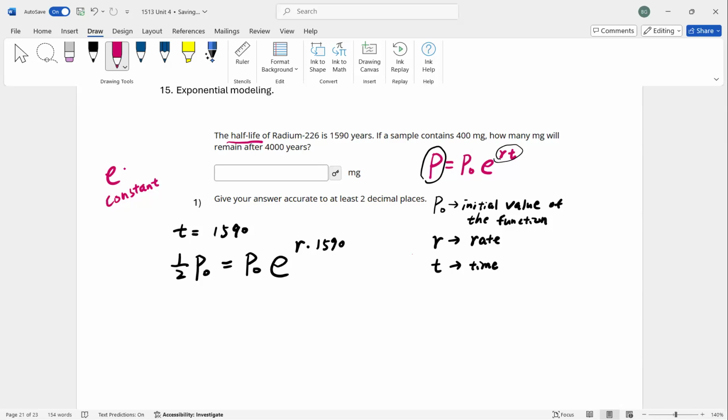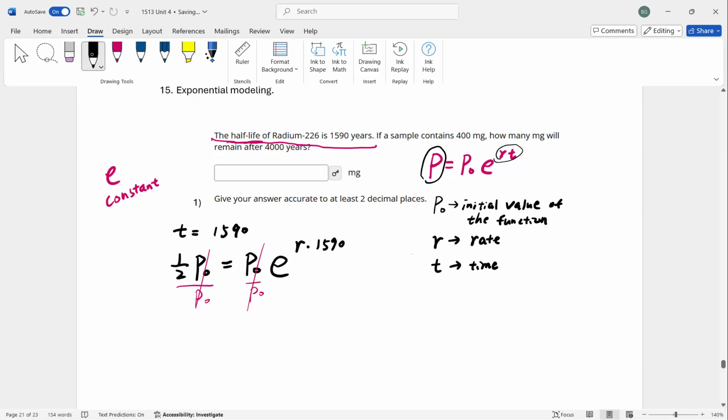So in this equation, after we use the information from the first sentence, we have this equation set up. Notice that on the left side and the right side of the equation, we have a P sub 0. If we divide both sides by P sub 0, we could get rid of P sub 0 from each side, right?